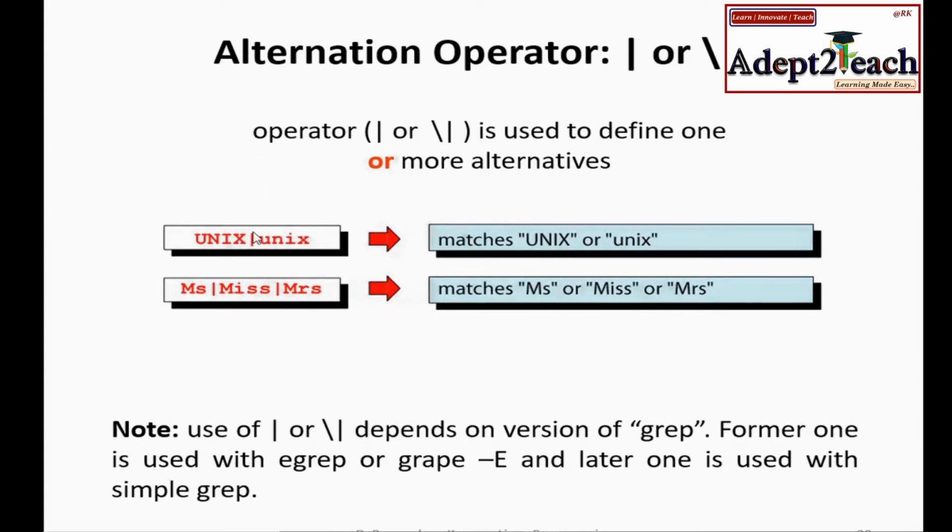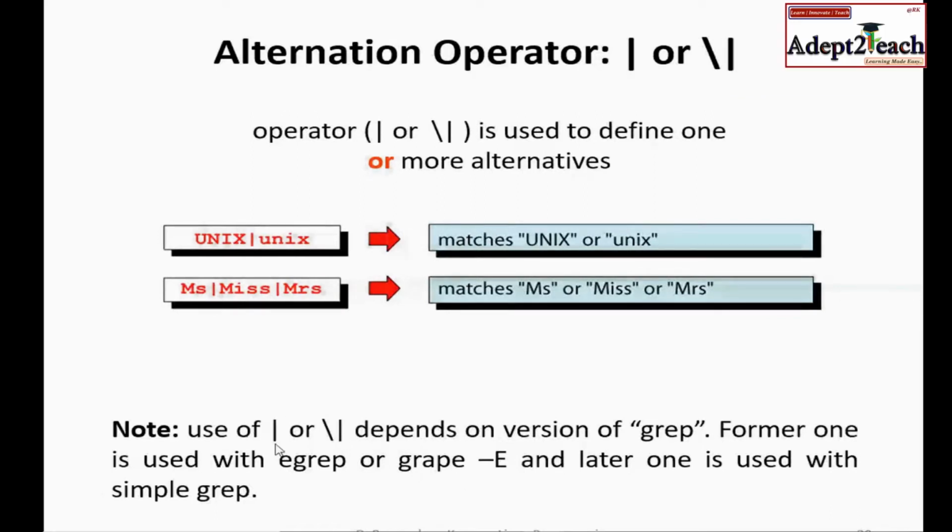You can write simple pipe operator, or you can use a slash operator along with a pipe operator. It depends upon which type of grep you are using. If you are using simple grep, then probably you will have to write slash and pipe operator. If you are using grep E, then you will simply use a pipe operator.